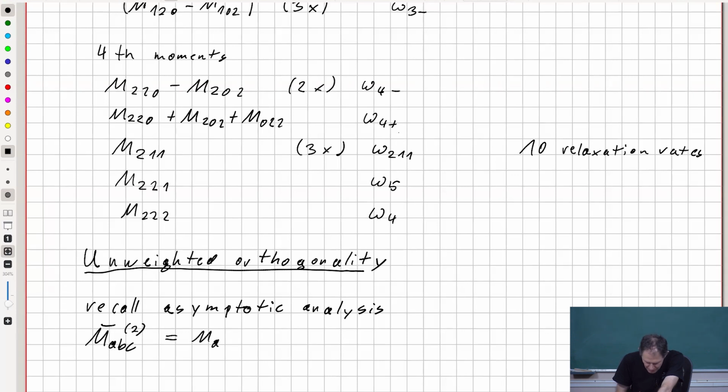This gives us MABC equilibrium to second order minus 1 over omega.